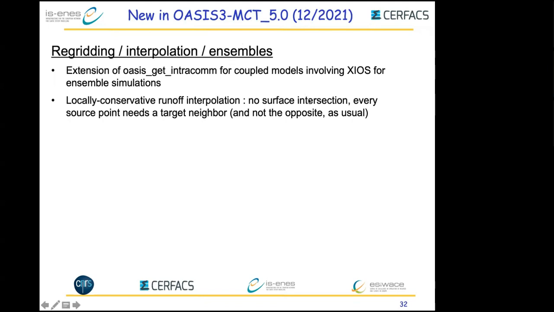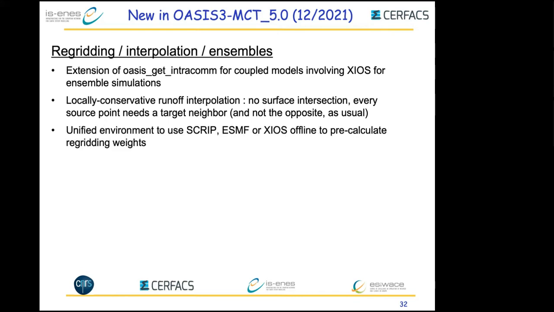And you also want to make sure that the water of every outlet point gets somewhere in the ocean. Usually that's the opposite of what we want: we want to make sure that for each target point of the target grid, we have some value. So this remapping of the runoff is very specific, and we now have something that does this automatically.